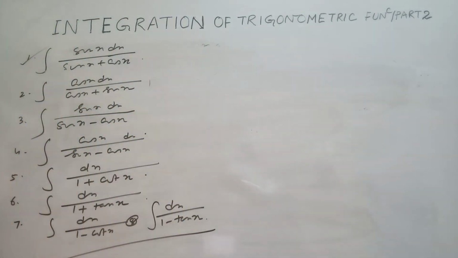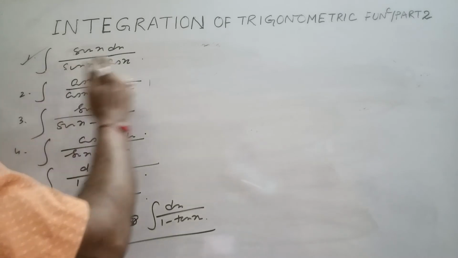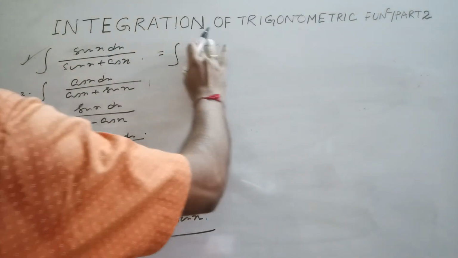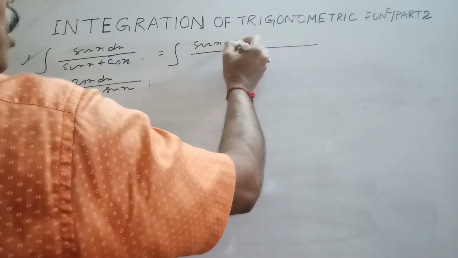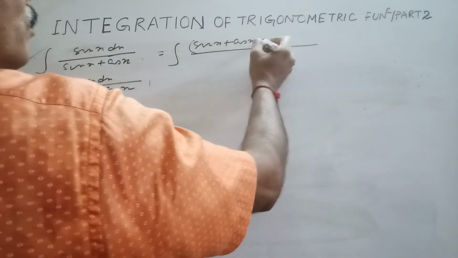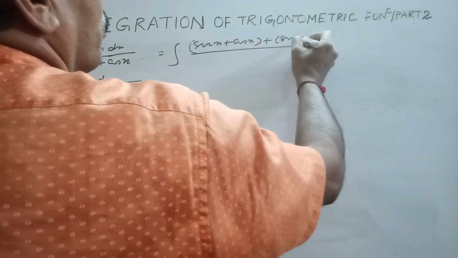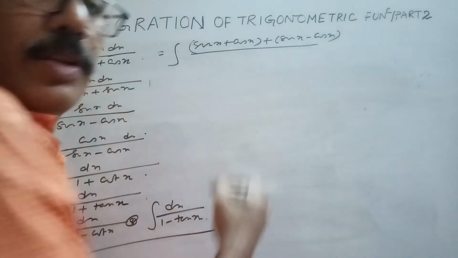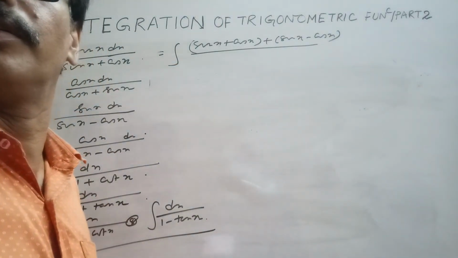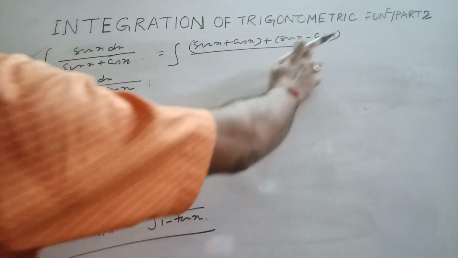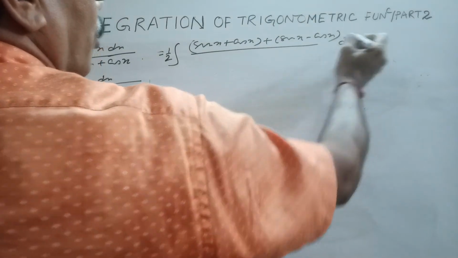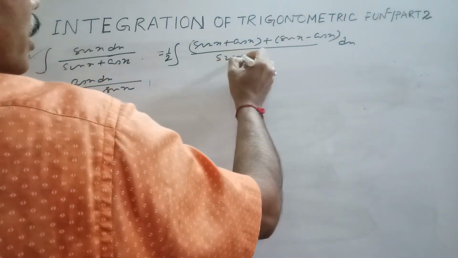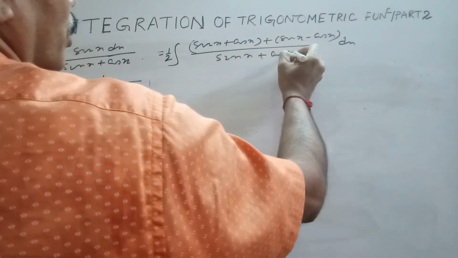Now look, if we consider problem number 1, sin x, we can write it as half of (sin x plus cos x) plus (sin x minus cos x), and cos x cancels. So this is half dx, actually sin x plus cos x.